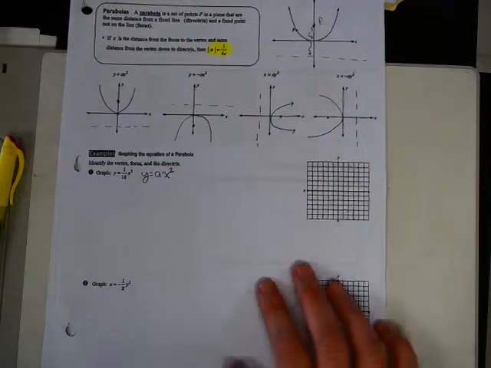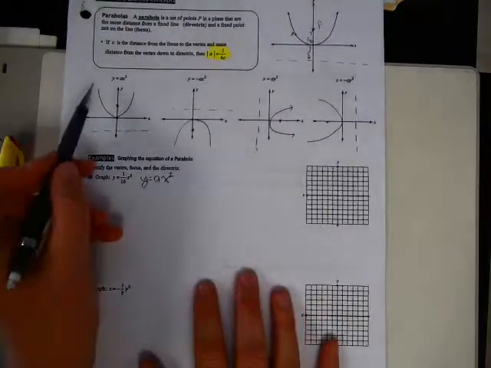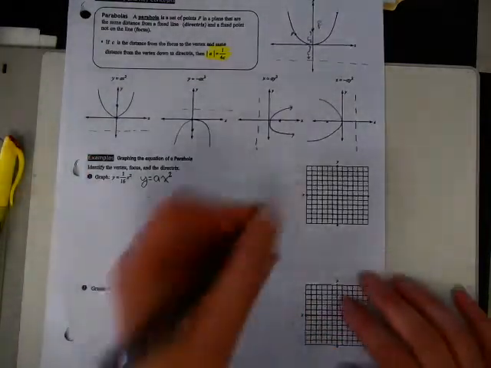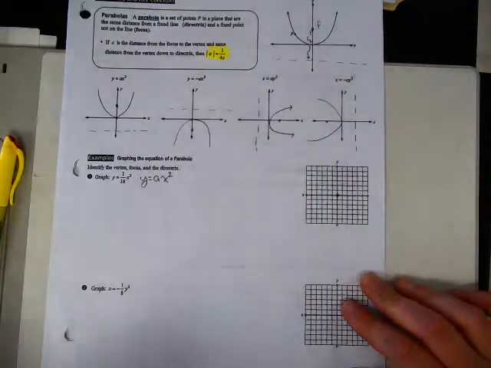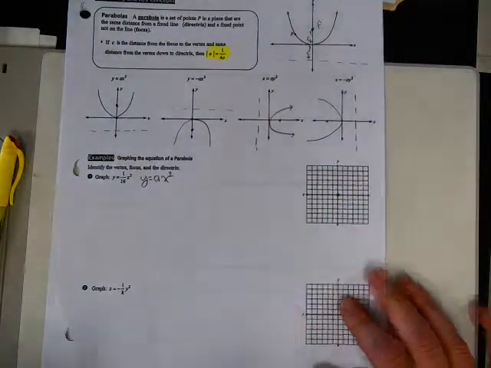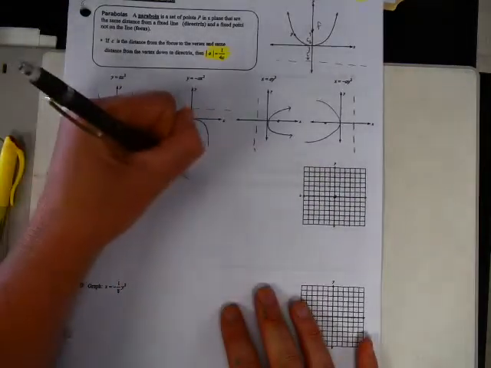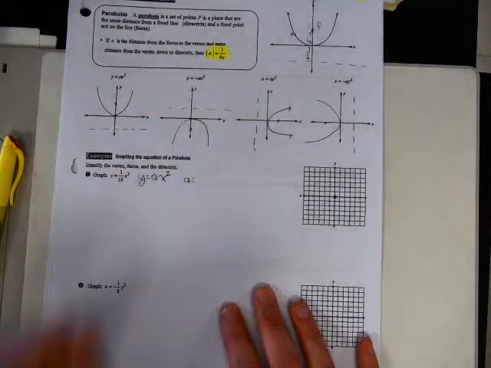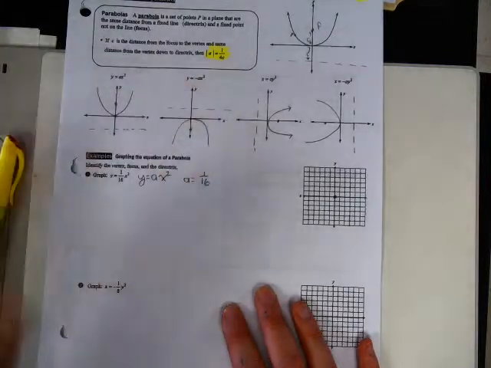So from this, I know that my parabola is going to open upwards. I also know that my vertex is at the origin, so I'm going to start by sketching my vertex right at the origin. Notice that a equals 1 over 16. I'm going to write that just to help me.